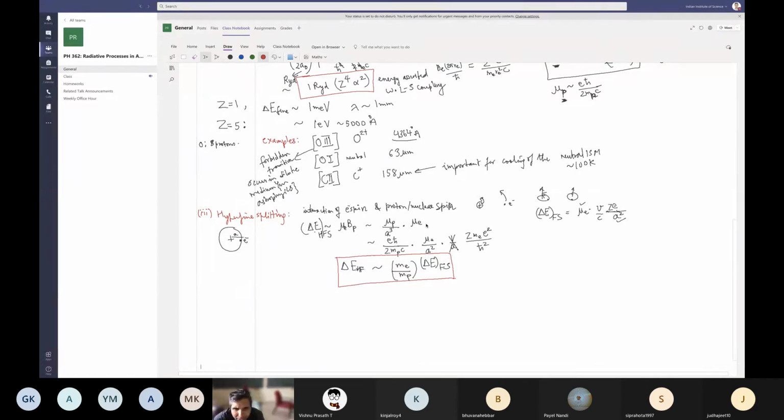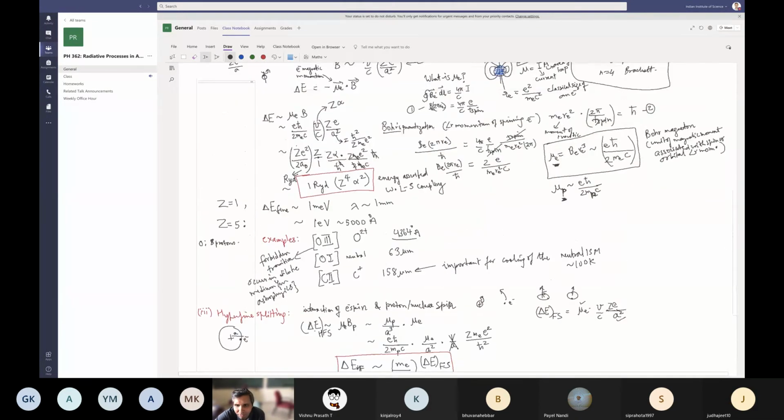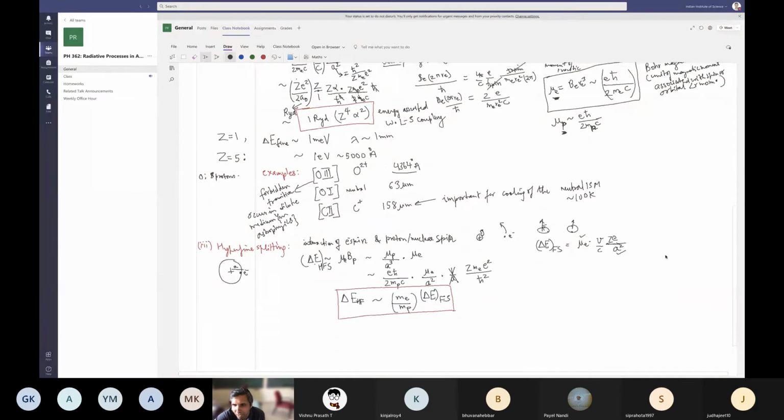Do I get that? Let's see. So this is nothing but Z e by A squared. I have a V by C there. Let's see. What is V by C? V by C is nothing but alpha times Z.